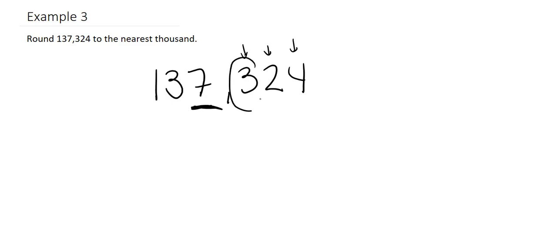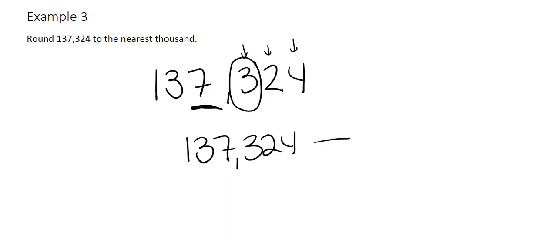We look to the digit to the right of it to determine that. So that would be the 3. So, to put it on a scale, are we rounding up to the nearest 1,000, so 138,000, or are we rounding down?